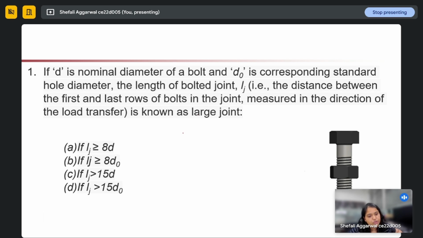In bolted joints we have seen three types of joints, a large joint and two more, where we were talking about the reduction factor. So when will we call it a large joint: if Lj is greater than or equal to 8d, or Lj greater than or equal to 8d0, Lj greater than 15d, or Lj greater than or equal to 15d0.